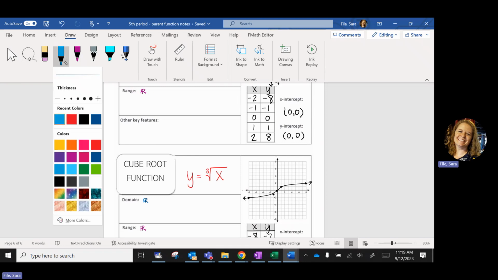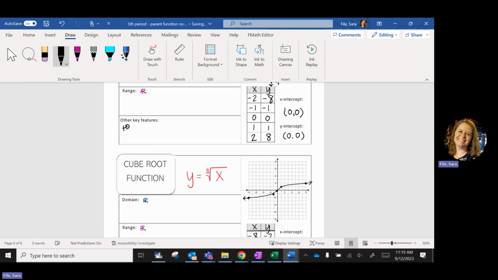It has a special name. It is what we call a point of inflection. So both the cube and the cube root have a point of inflection at the origin.